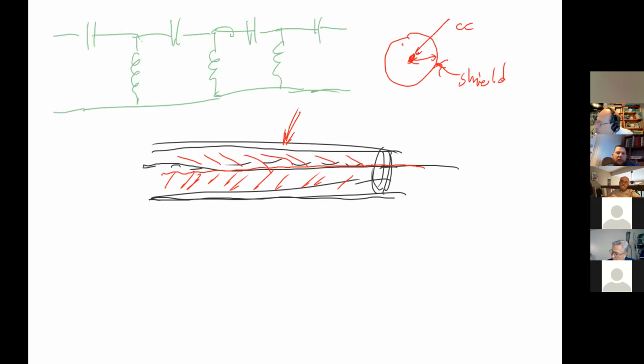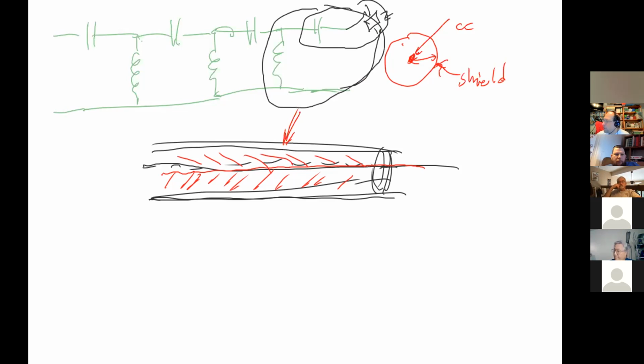But now let's say that this actually ends in an antenna, which we're going to put a big letter Z because it has impedance. Well, okay, that's now in series with a capacitor, which is now in parallel with an inductor, in series with a capacitor, in parallel with an inductor, in series, in parallel.